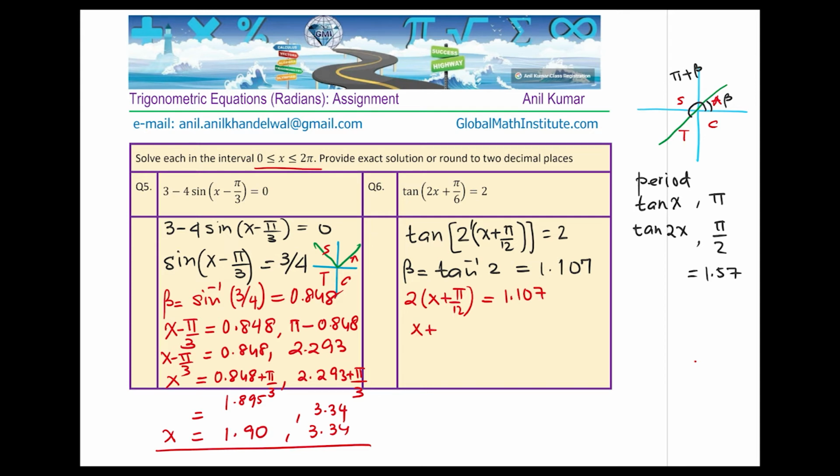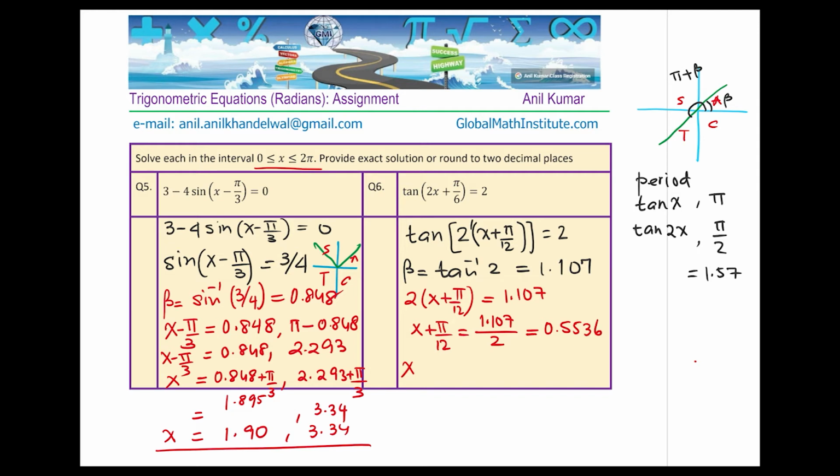So x plus pi by 12 is equal to half of this, divided by 2, 0.5536 rounded to 4 decimal places, right?